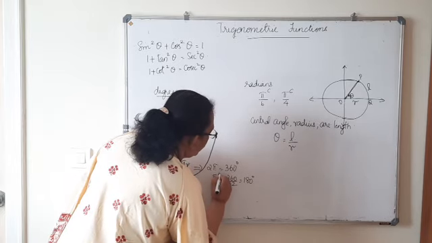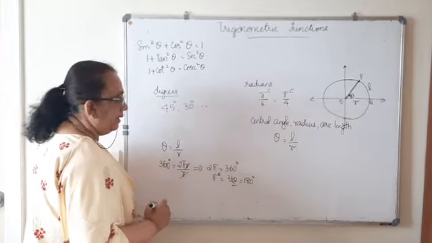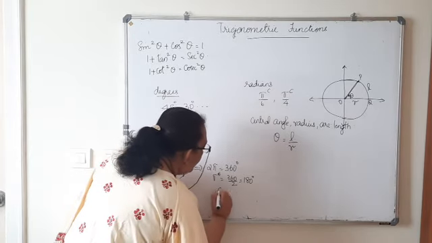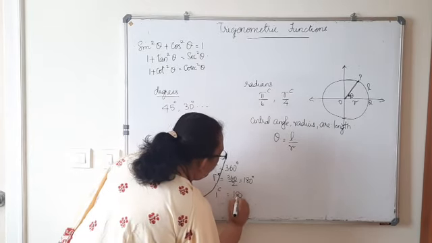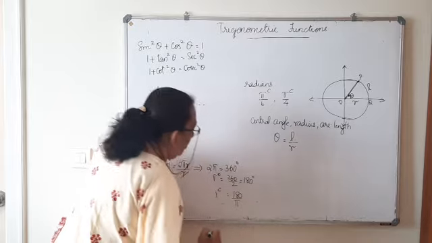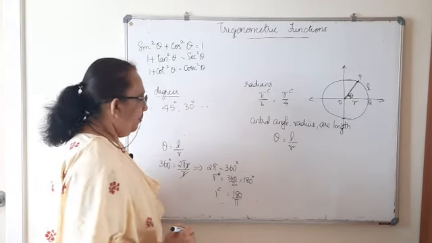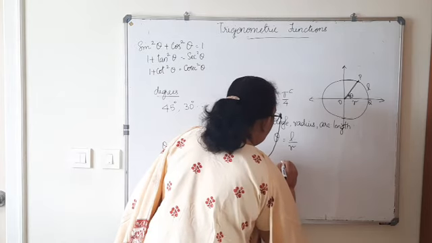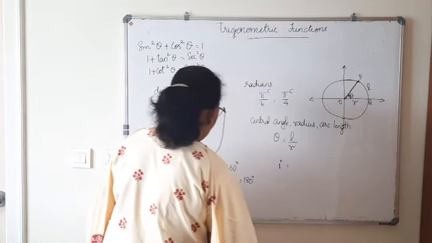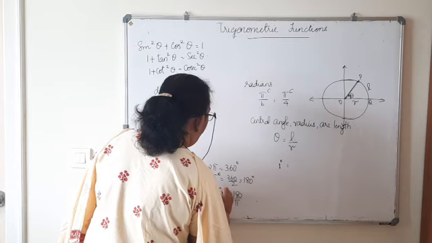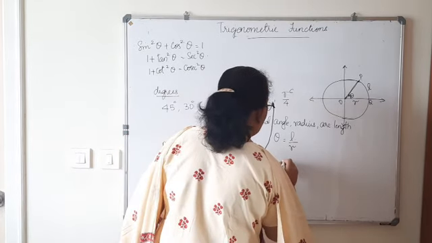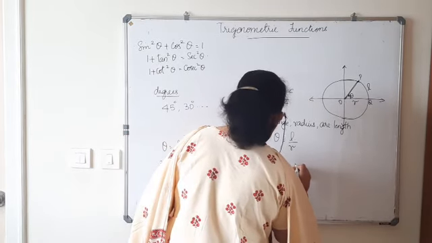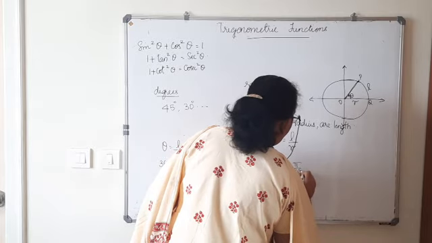Pi radians is equal to 180 degrees, or 1 radian is equal to 180 by pi, and 1 degree is equal to pi by 180.